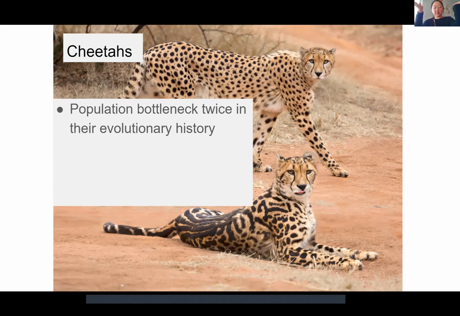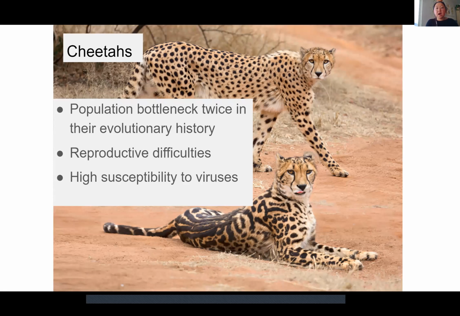And so they lose all of that genetic diversity. That's happened twice with cheetahs, and so reproduction is difficult for them now. They're highly susceptible to viruses because once you get rid of such a big part of the population, that also narrows your genetic diversity.